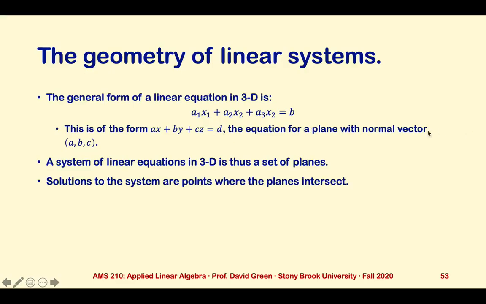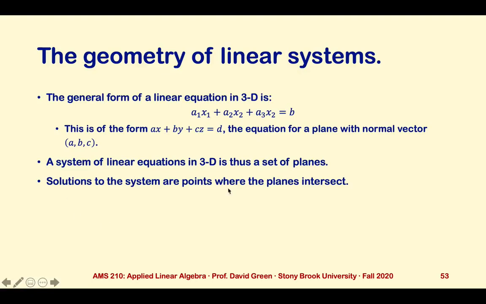A plane is actually described by a so-called normal vector of a, b, and c. If you don't recognize that form, it's not a problem. Take my word for it. A system of linear equations in 3D is then a set of planes.